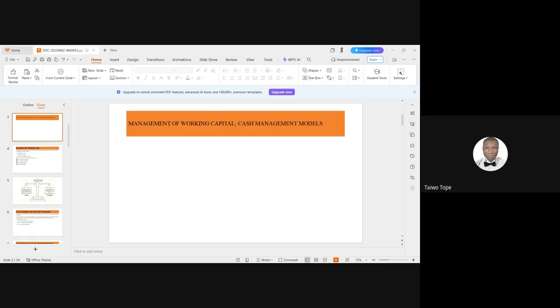Now, the essence of this topic is to enable financial managers know how much cash to keep at every point in time and how much cash we are to use at every point in time.